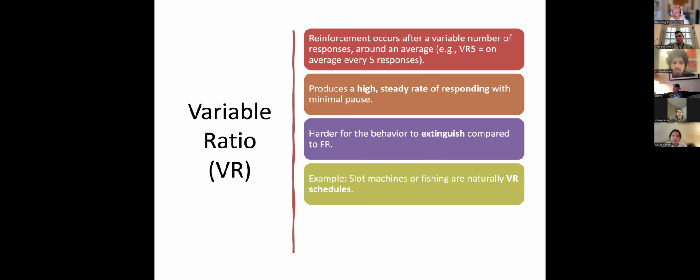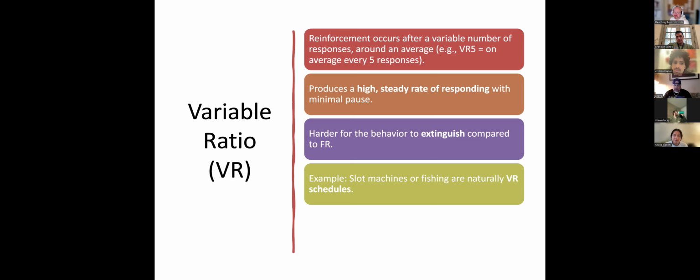In my example here, and this one really hits home with a lot of us, the slot machines and all the games at the casino are set up on this variable ratio schedule, where we pull the lever every so many times and eventually it will pay out. The casinos didn't just set this up randomly. They are wise to our behavioral science, wise to how to get humans hooked on gambling, right?